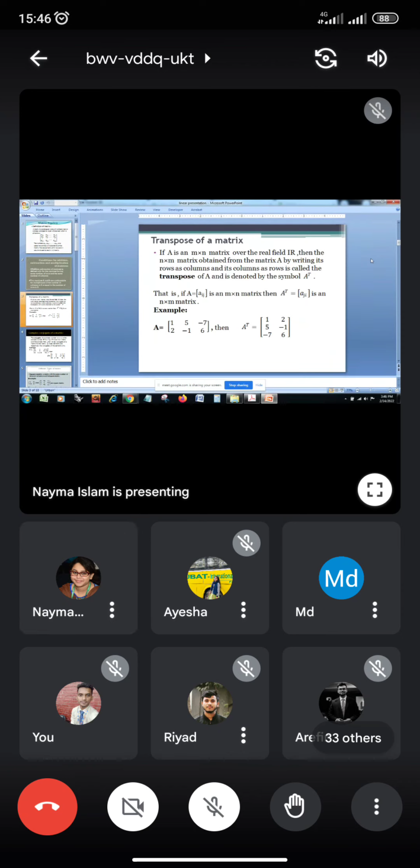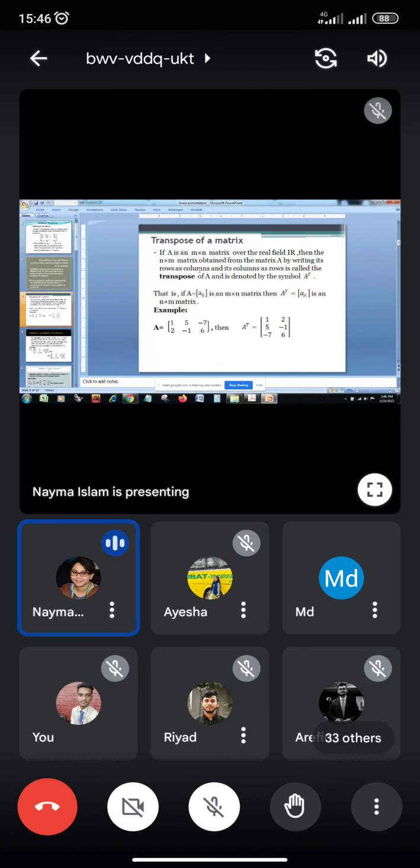Look at here. If A is an M cross N matrix over the real numbers R, then its transpose will be N cross M. That means rows will become columns and columns will become rows.